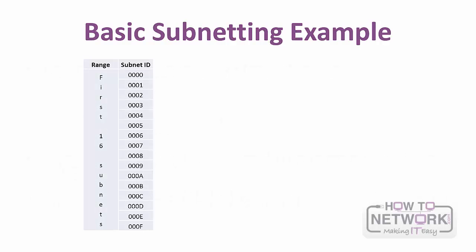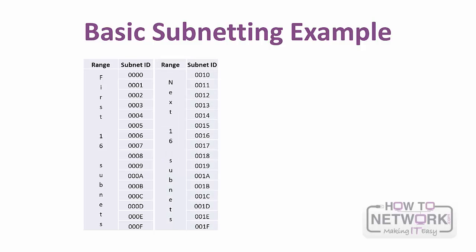With a 16-bit subnet ID, the values can range from 0000 to FFFF. Subnetting is painless because we start with 0000 and increment by 1. Remember that this is in hexadecimal, so after 0009, the next subnet ID would be 000A. Subnetting by using the 16-bit subnet ID is easy to perform, as illustrated in this table.